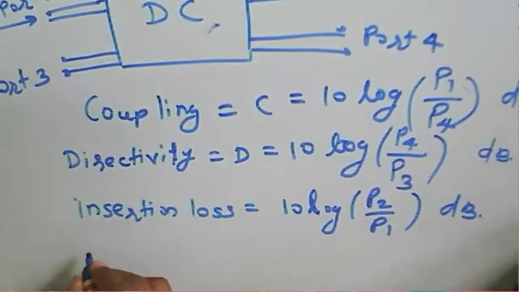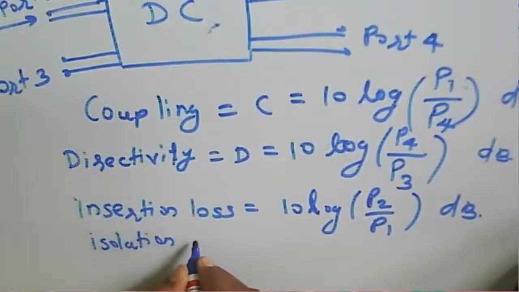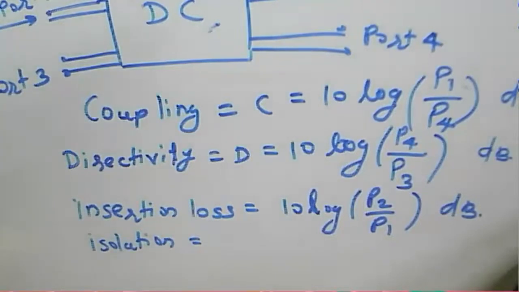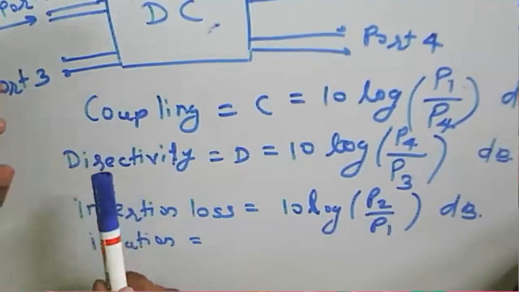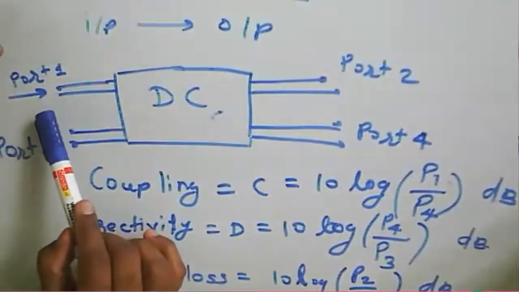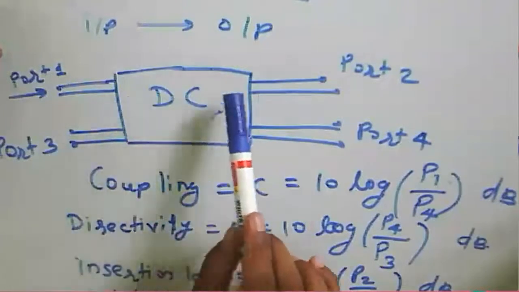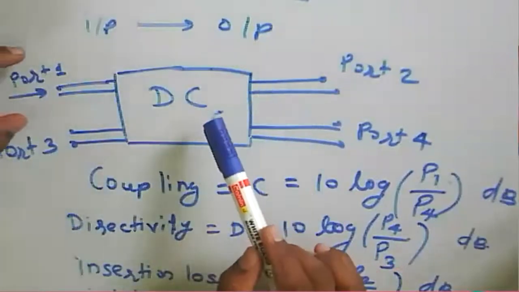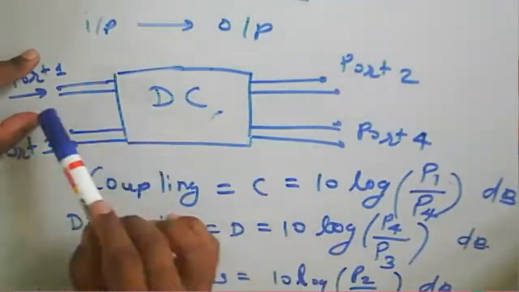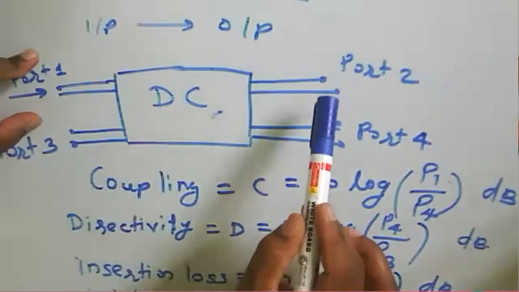Next is isolation. Suppose we consider port 1 as the input here, and this coupler is a directional coupler, a forward directional coupler in this given direction. If the input is at port 1, meaning the incident wave is at port 1, output will be available at port 2 and port 4.